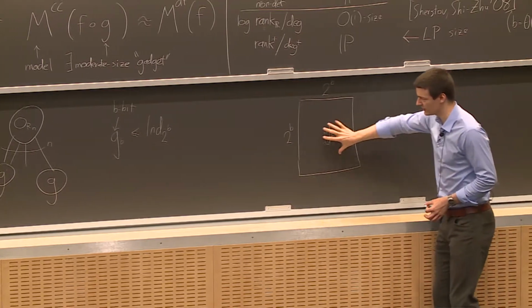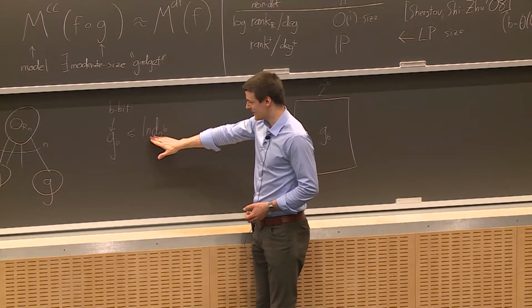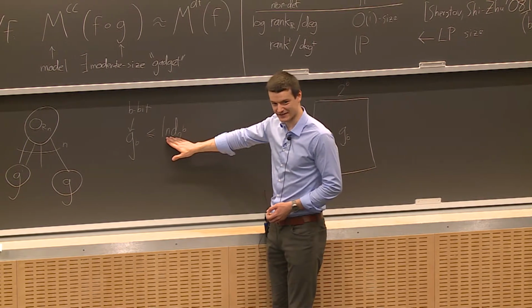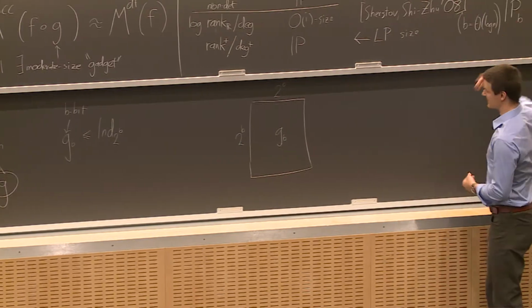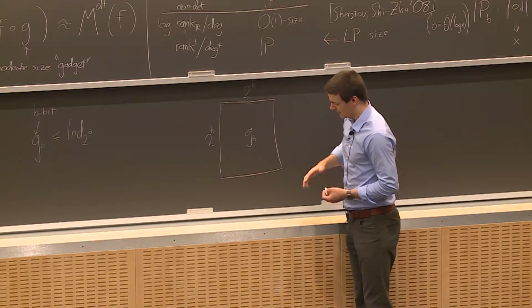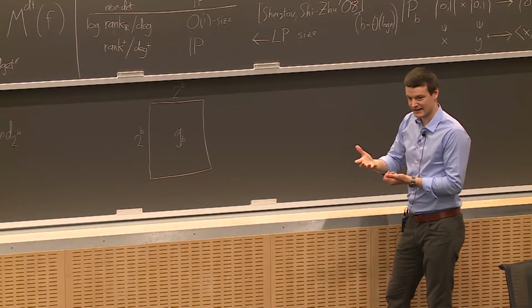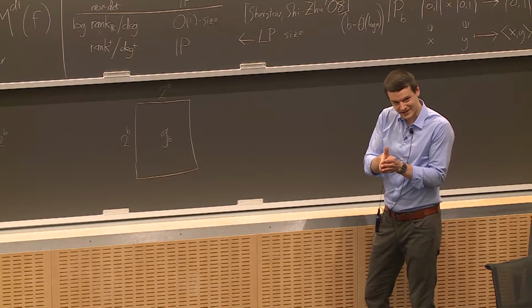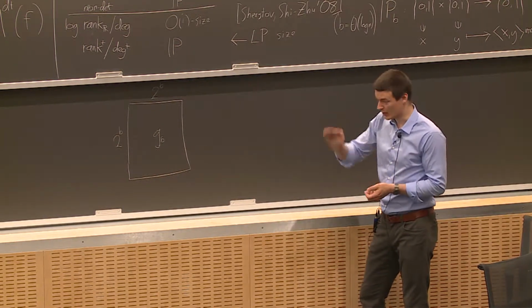But what's the communication matrix for the indexing function, where M is 2 to the B? Alice has a number between 1 and 2 to the B, so 2 to the B different rows.